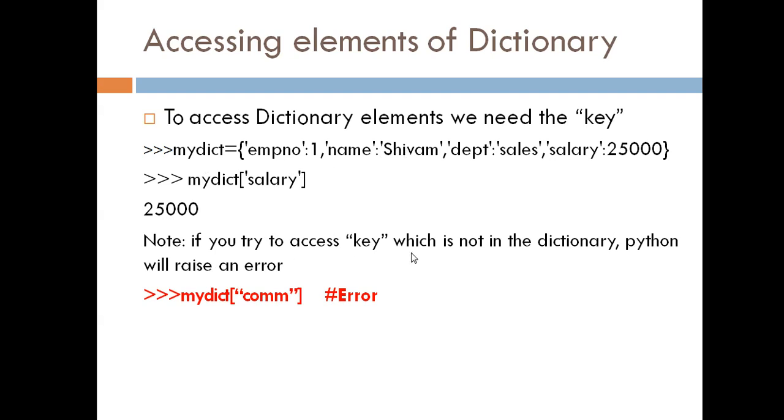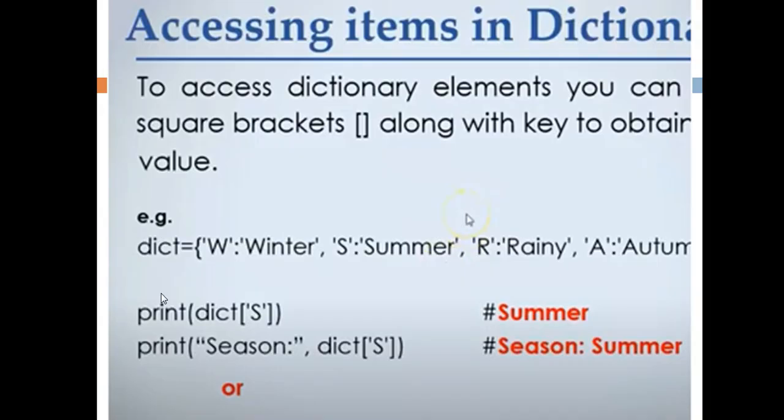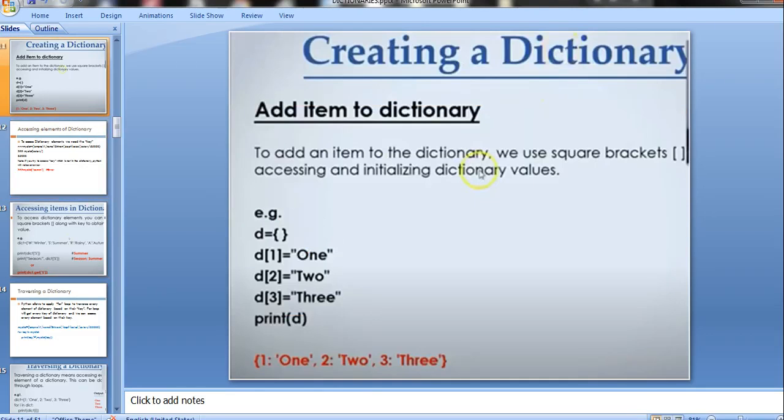If you try to access a key which is not in the dictionary, then Python will raise an error. To access dictionary elements, you use square brackets. First we'll create a dictionary, then we'll try to access it.